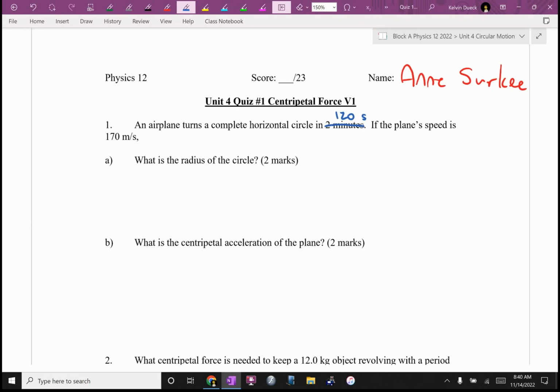Is there an equation? Do we have something that relates radius and speed when we're moving in a circle? What equation, oh pray tell? That's for an acceleration. I think there's another one that relates, oh, and also period, because I have time.